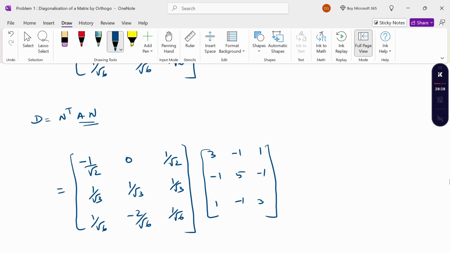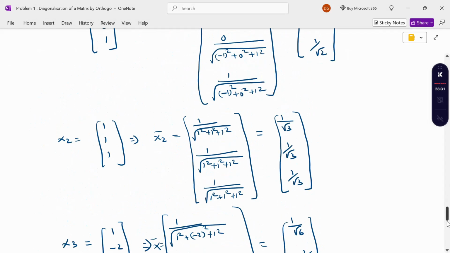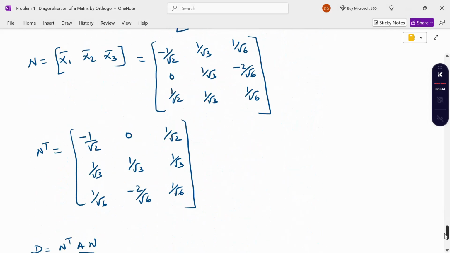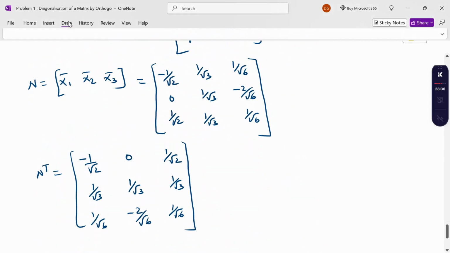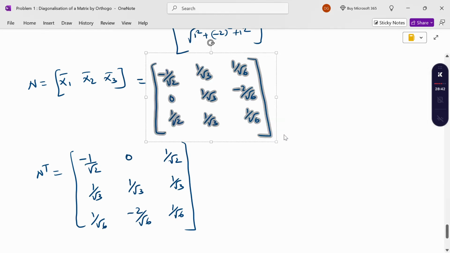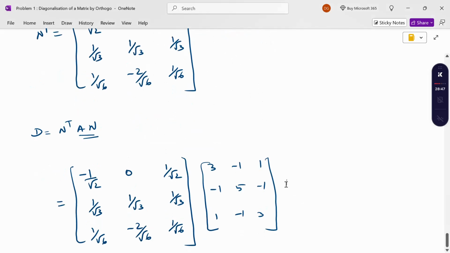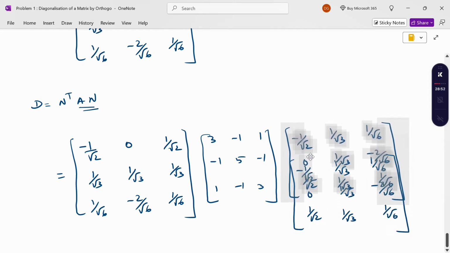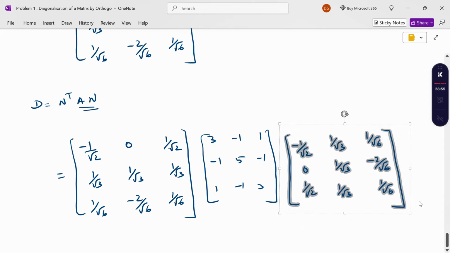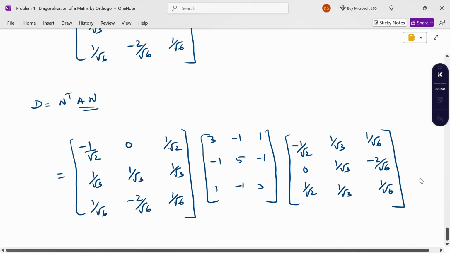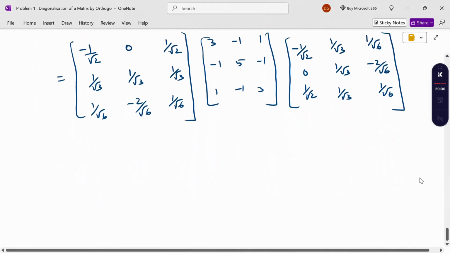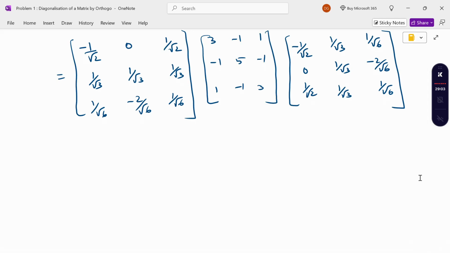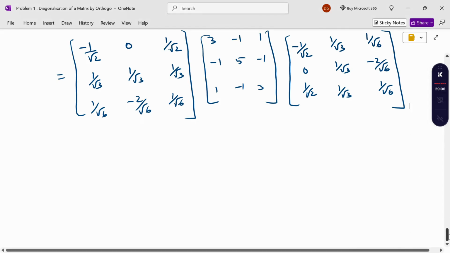Now N normalization. So what is the N? To select, this is our N. So when we do any manual multiplication, first you multiply A N, otherwise you will not get the solution.